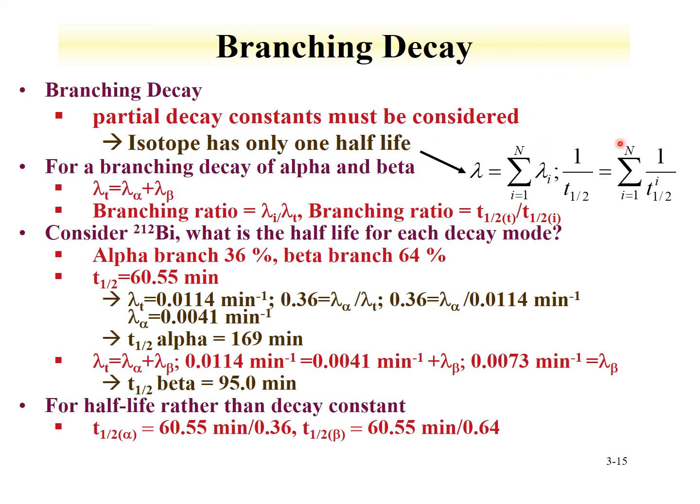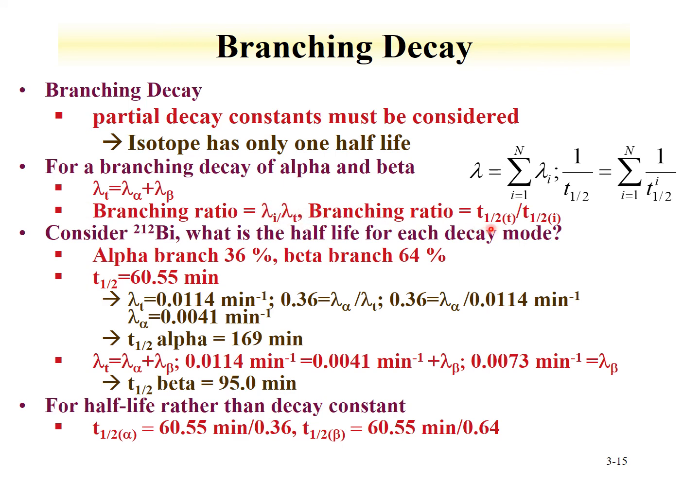From this equation here, any decay constant is just equal to the sum of its components. Let's take an example of an isotope that decays by alpha and beta. The alpha decay constant plus the beta decay constant is equal to the total decay constant. The branching ratio is just the ratio of the alpha decay constant divided by the total decay constant.